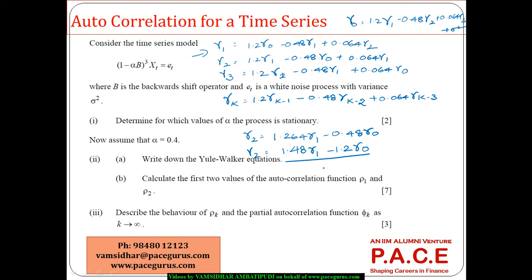This entire thing, I am dividing it by 0.064. So these two are coming out to be gamma 2 itself. So I can equate these two things.